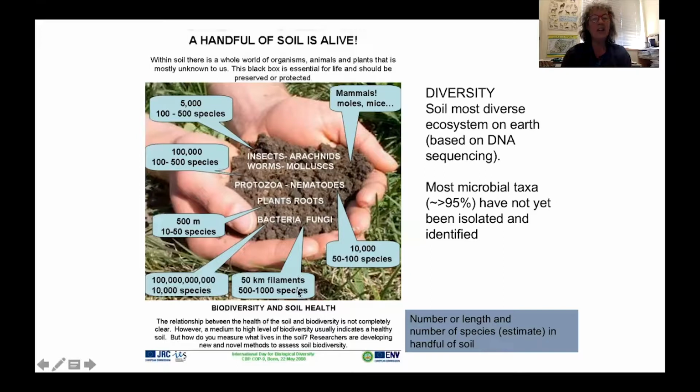With fungi, we think in length more, so kilometers of fungal filament, particularly in systems where fungi aren't shut out, allowed to establish more, and also a huge number of species. And then also a lot of different kinds of species of protozoa and nematodes and insects and worms. The message here is just huge numbers. These are small organisms, and a huge amount of diversity that we are still learning about.